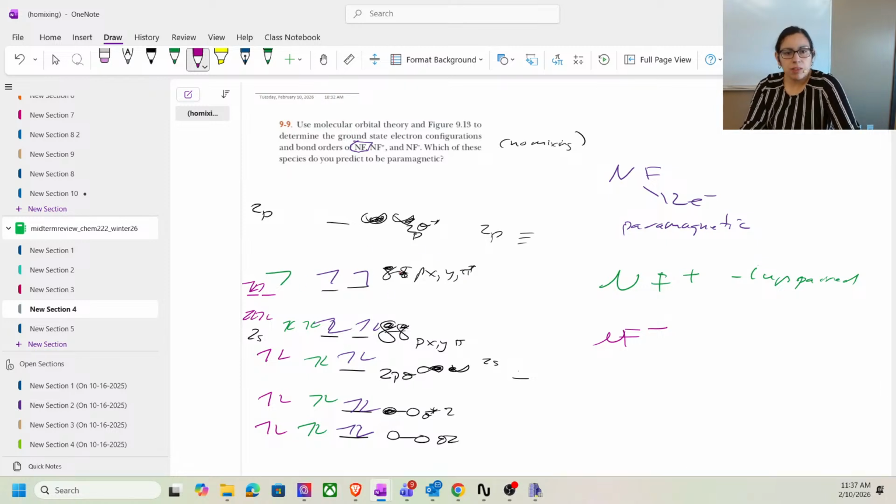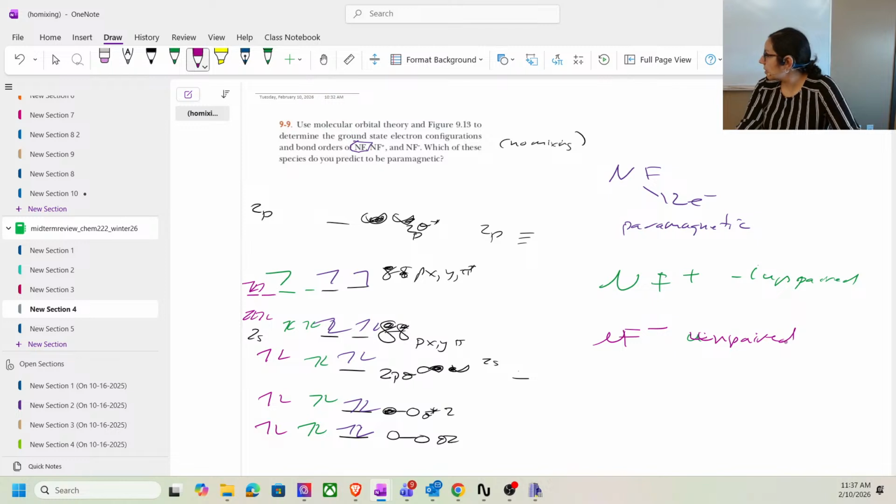And notice that's all the action is: whether you have 1 unpaired, or 1 still unpaired but then 1 paired there. And like we saw, all paramagnetic. It's just a question of whether they have 2 or 1 unpaired electrons.